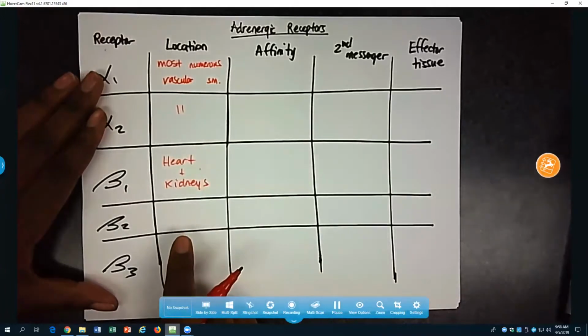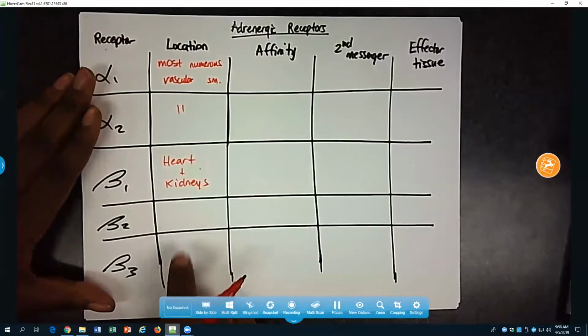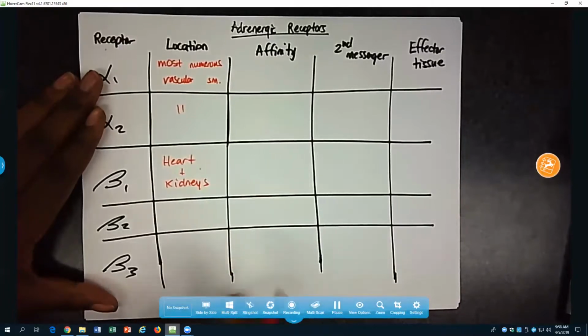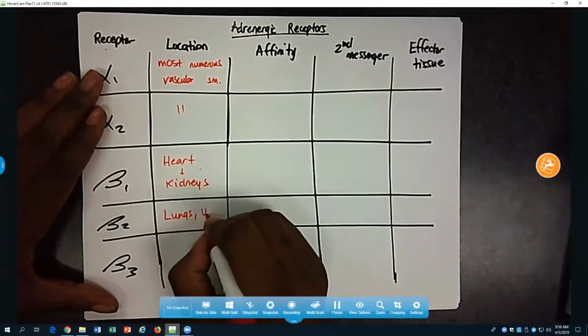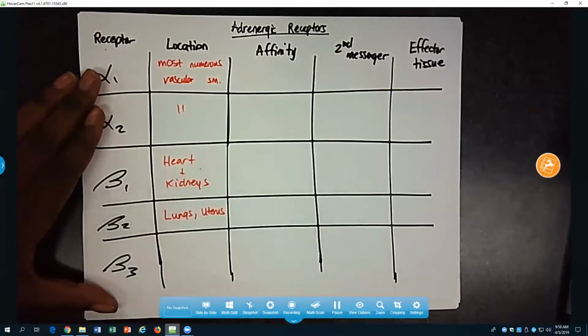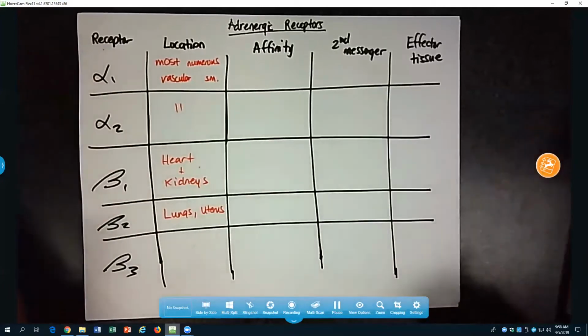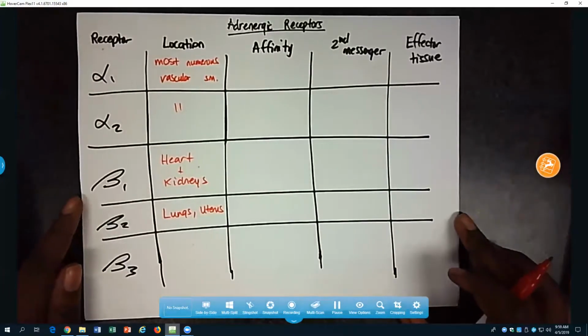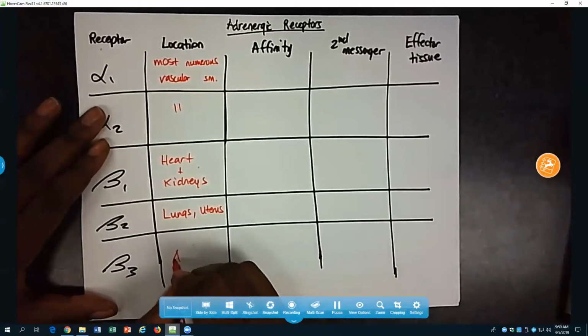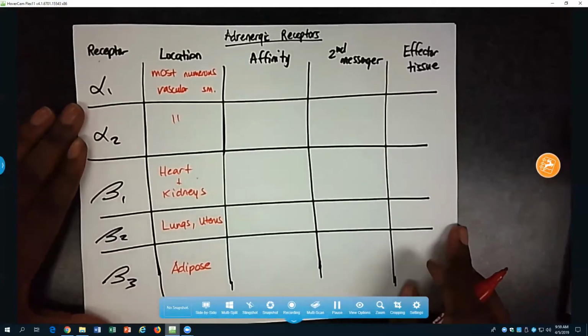Beta 2 receptors. Think about your breathing. Lungs, and then also your uterus. Okay. What about beta 3 receptors? This is adipose tissue. Okay. Let's talk about their affinities.